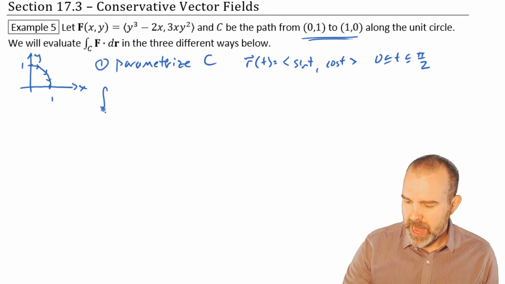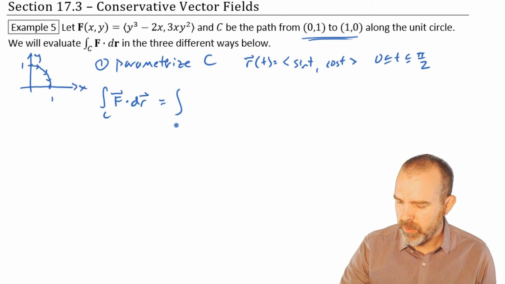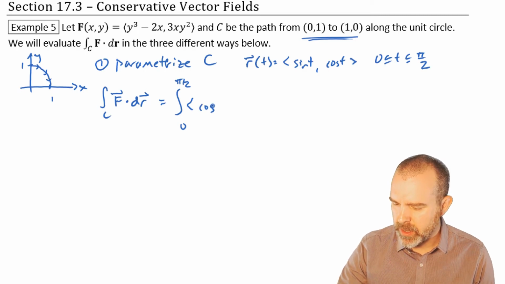Okay, so we're going to do the line integral. We need to find r prime. We can just do that in line here. So this is going to be the integral from 0 to pi over 2. My field, this is going to be a little gross, y cubed, that's cosine cubed t, minus 2 times sine t.